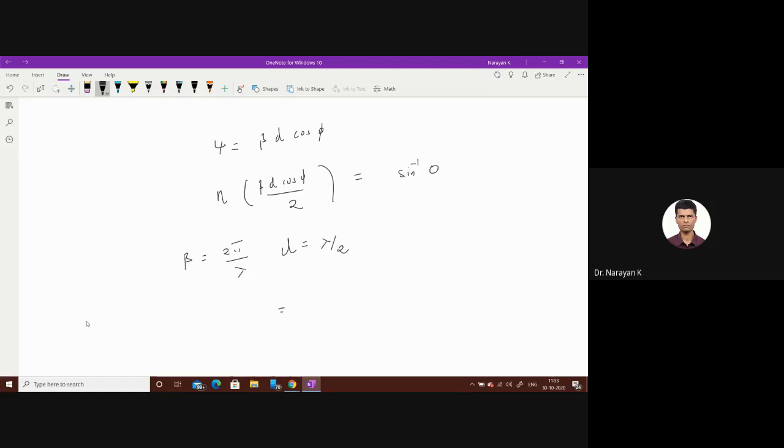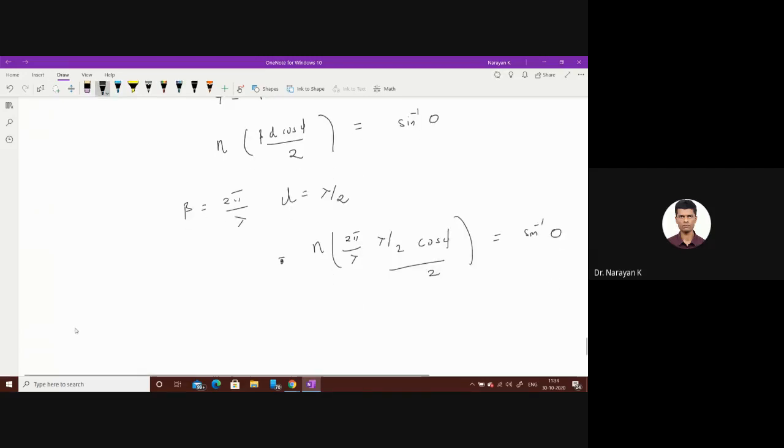So what you will end up getting is n into beta, which is 2 pi by lambda, d is equal to lambda by 2, cos phi, whole divided by 2. This is equal to sine inverse of 0. All of you are following me? This is equal to plus minus m pi. Yes or no? Yes, sir. Okay. This 2 will get cancelled. Lambda will get cancelled.